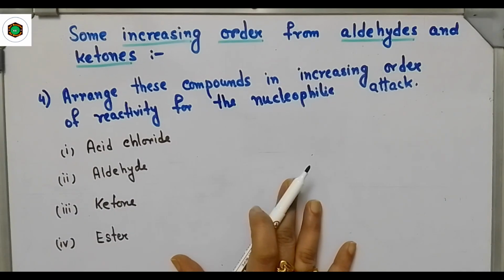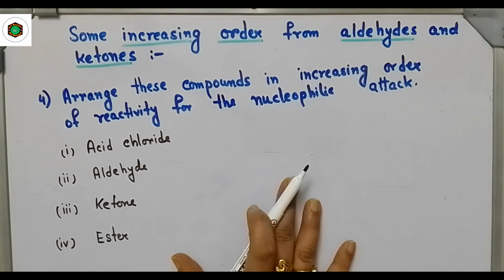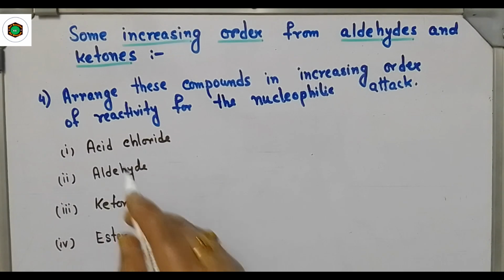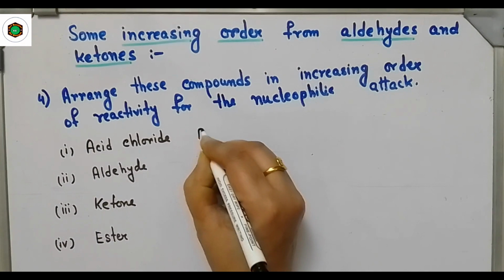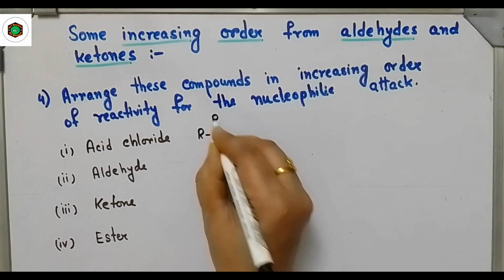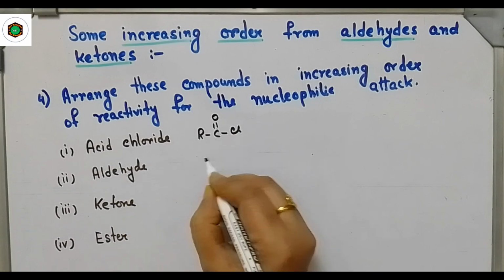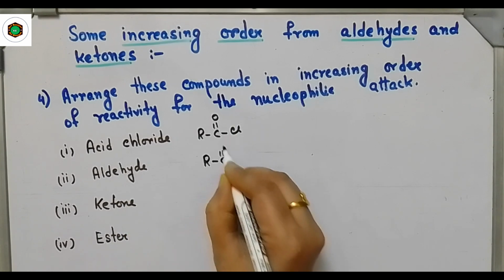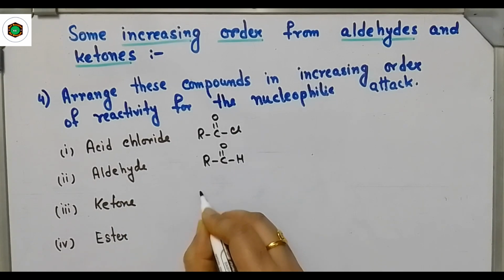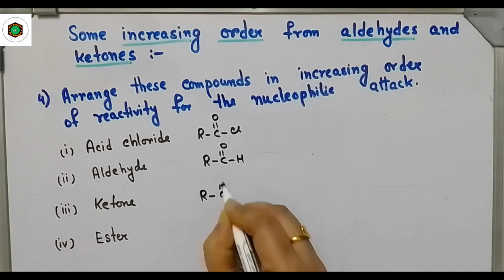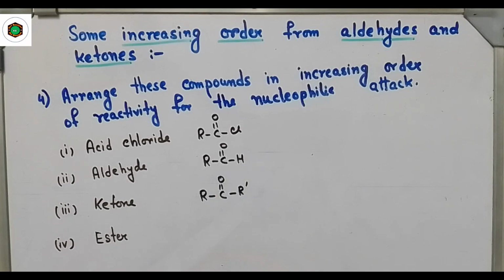Next problem, arrange these compounds in increasing order of reactivity for the nucleophilic attack. Now see, this is acid chloride, RCOCl, general formula. Aldehyde, RCHO. Ketone, RCOR or R prime.